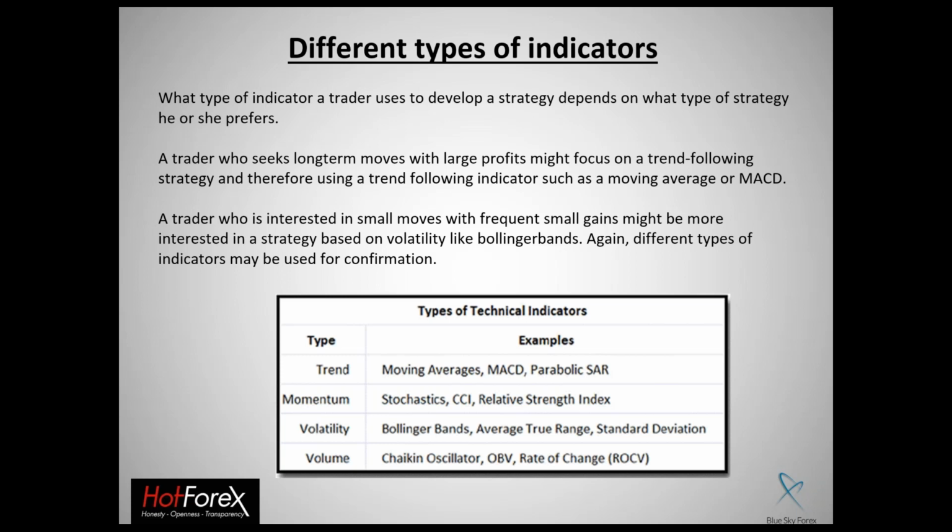So if you are, for example, a longer term trader seeking long-term moves with larger profits, you might be more interested in a trend following strategy, thus using a trend indicator like a moving average or a MACD.